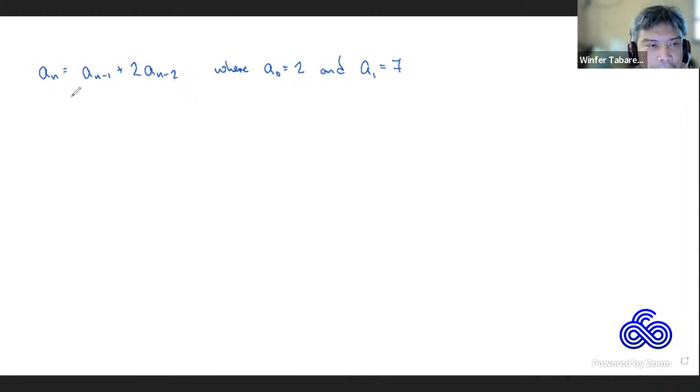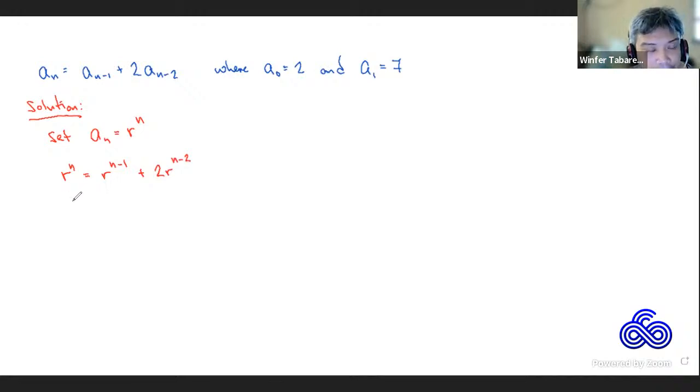So for the solution, again, I will do it in step-by-step form. We set our a sub n to be equal to r to the n. By doing so, we now get r to the n is equal to r to the n minus 1 plus 2 times r to the n minus 2.